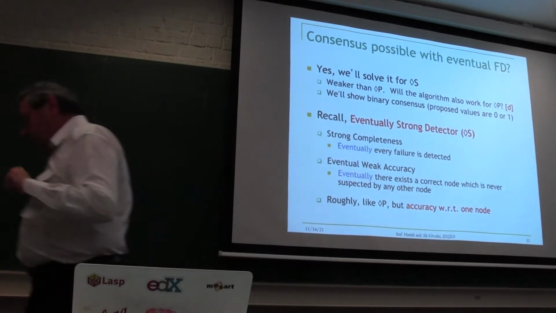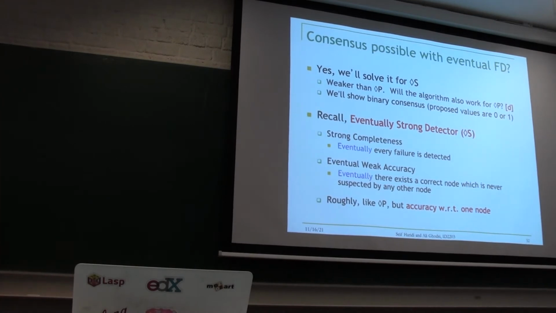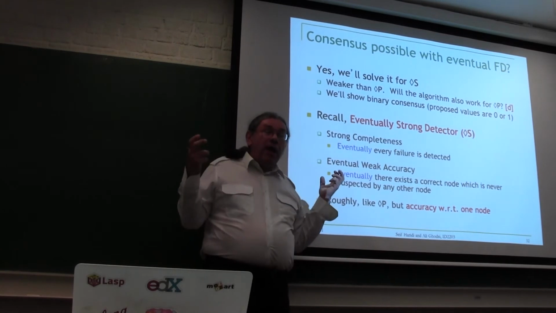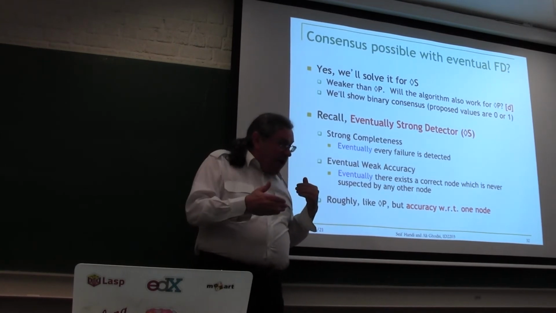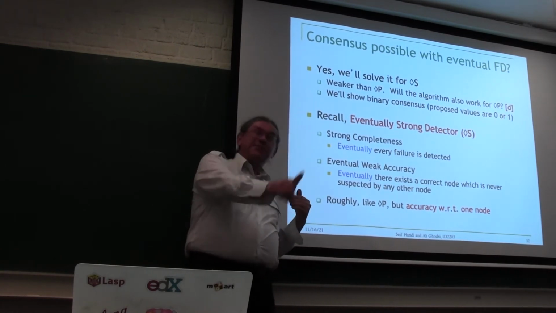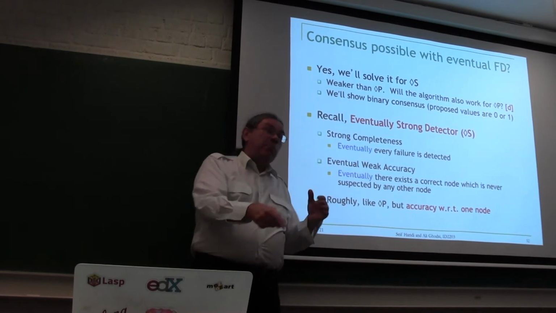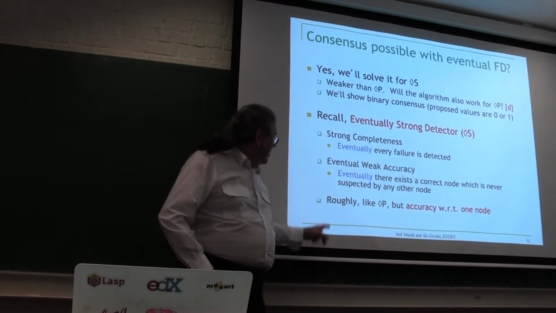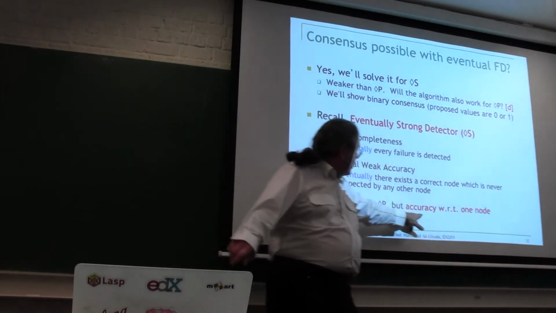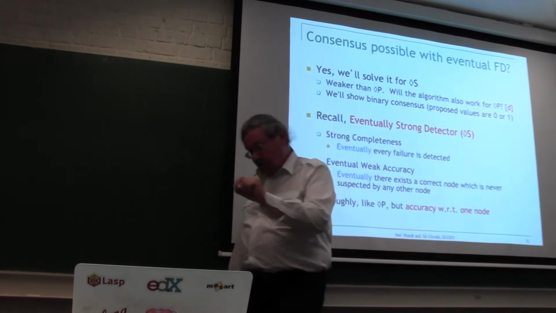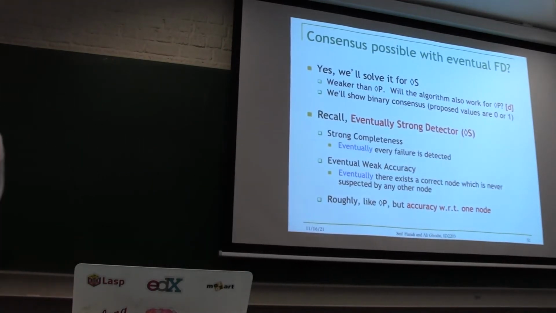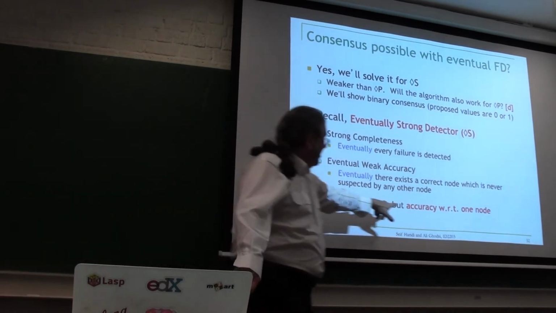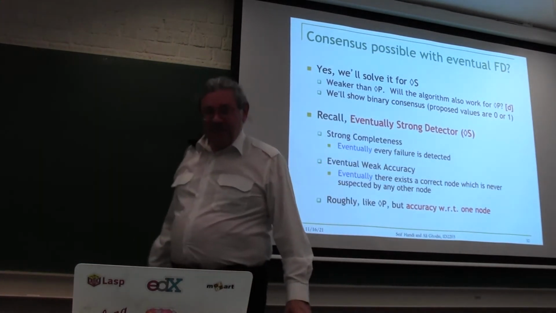That means it starts by making mistakes with respect to everybody, but after some time there's one node that doesn't make mistakes anymore. But it can still make mistakes for the others. So accuracy with respect to one node, eventually. So there's a special node, and everything is built on top of that one node.